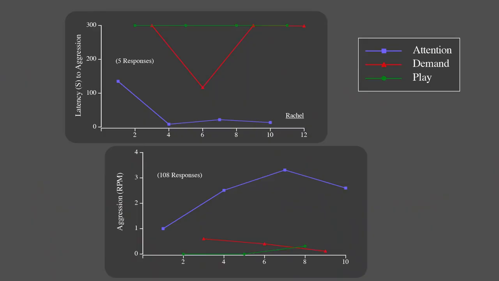Now, I've got an example of what a latency functional analysis might look like in this graph. So we have a graph here, and it actually shows two functional analyses for the same individual. And this was taken from a study that Jessica Thomason conducted, in which she was comparing the results of latency functional analyses versus typical functional analyses, because we didn't know whether the former would be representative of the latter.